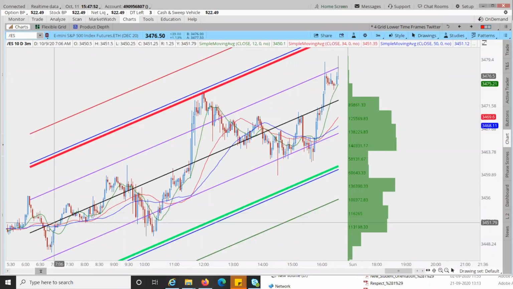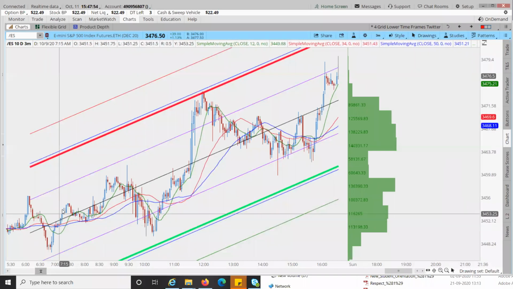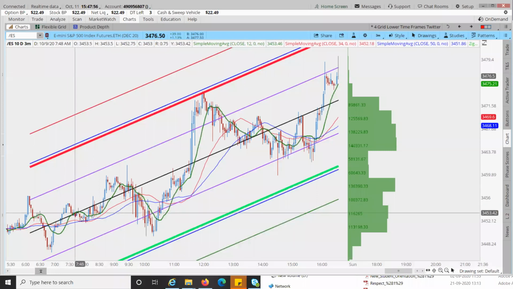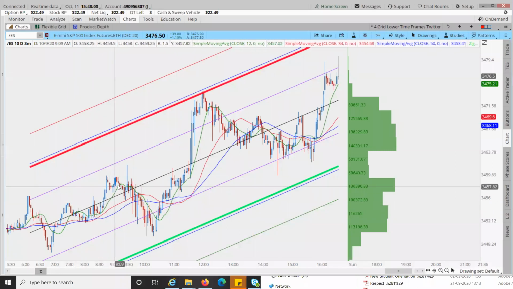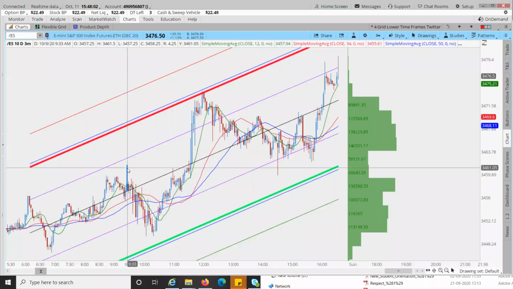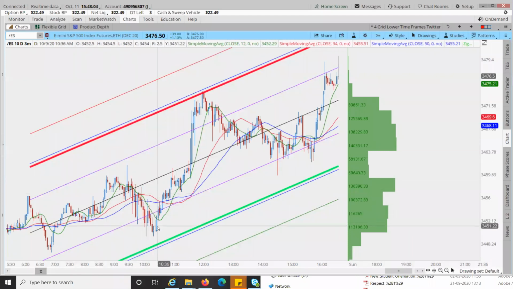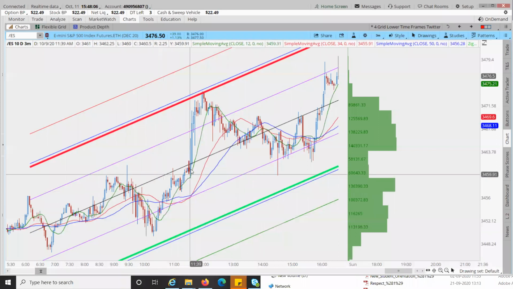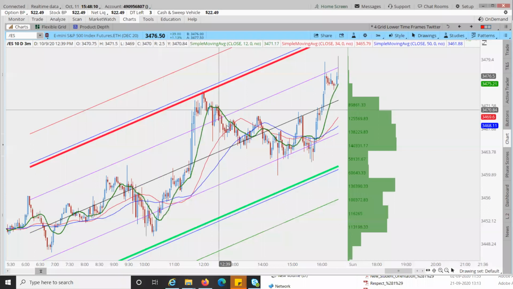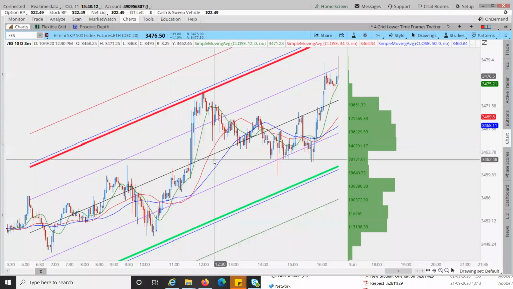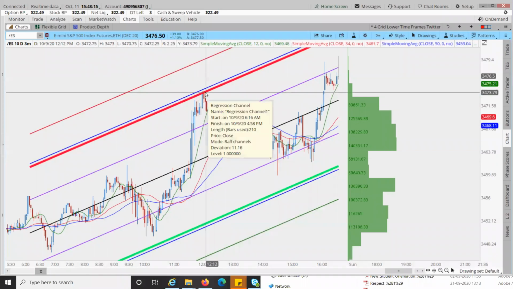Look at here. It went up but failed, came down. Tried to fight here, broke up again but failed. Tried to break up but again failed. Then went down. Here it broke up, then went up, faced the resistance, came down. So every time you test the resistance, you are going to test the support after that.